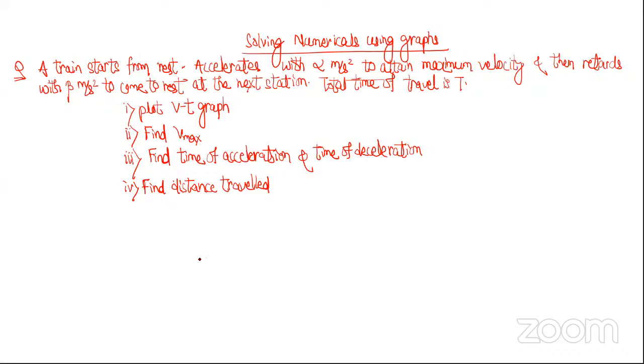So I am giving the questions in a sequence so that you can remember this whole concept. देखो, सबसे पहले this is velocity and this is time. So initially what is happening? It is accelerating. That means velocity is increasing. है ना? It attains maximum velocity.